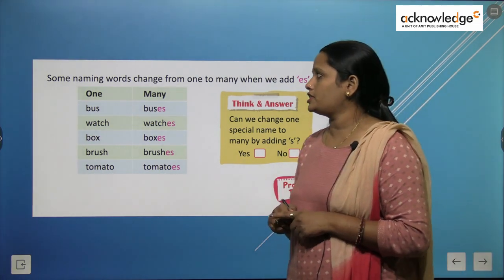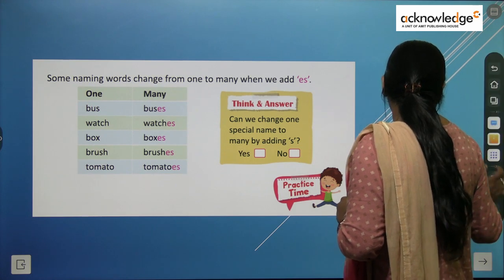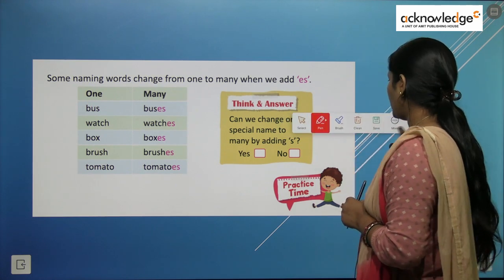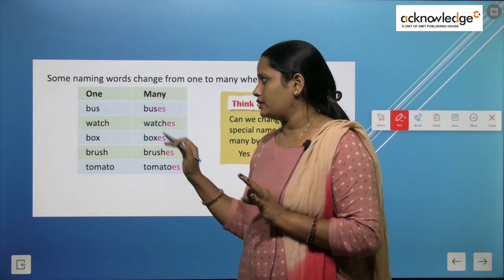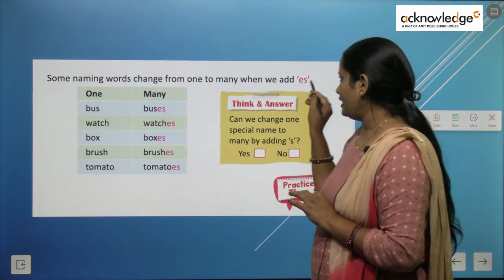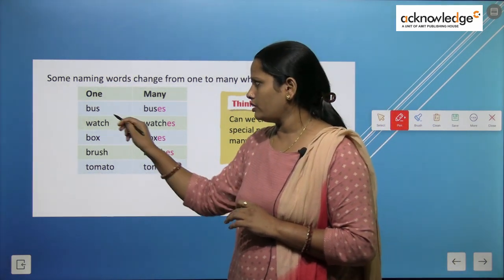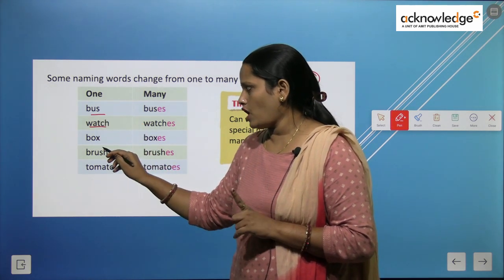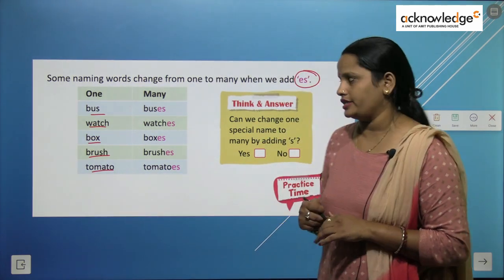Some naming words change from one to many when we add ES. In the previous page we learned that we add only S, but there are some naming words in which we have to add ES at the end. One bus, one watch, one box, one brush and one tomato is here.